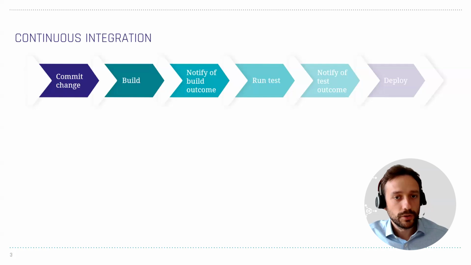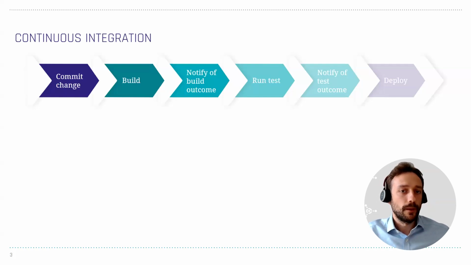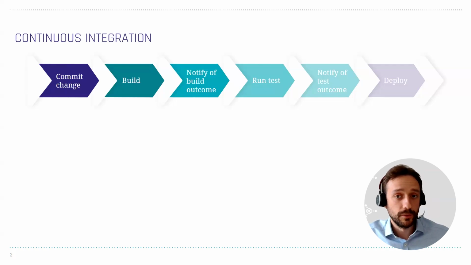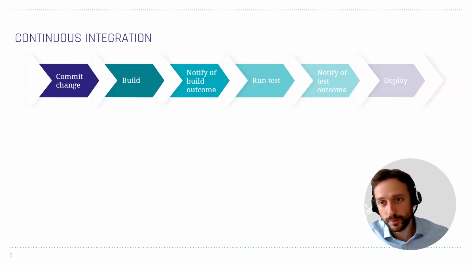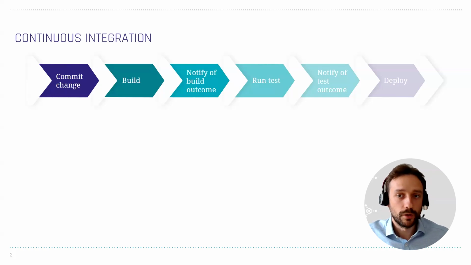So, first of all, everything must live, or in the best case live, in a version control system, for example GitHub, GitLab, Azure DevOps, whatever, because it gives you a single source of truth of your code and an audit trail of every change, and the ability for multiple developers to work in parallel using feature branches.